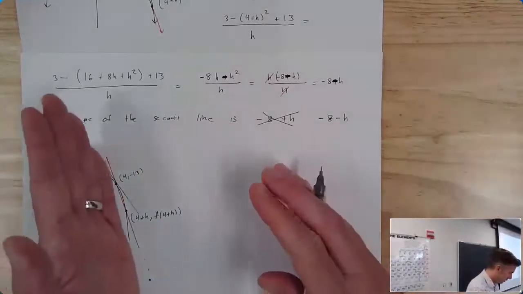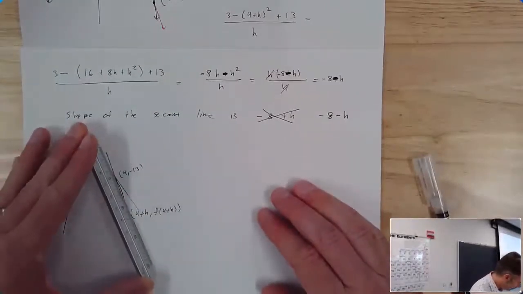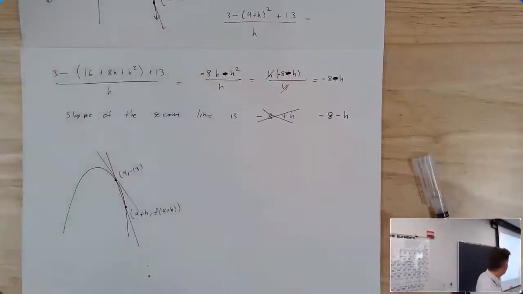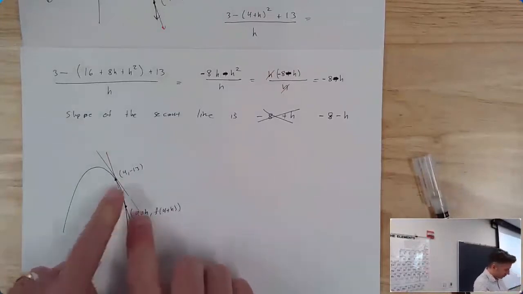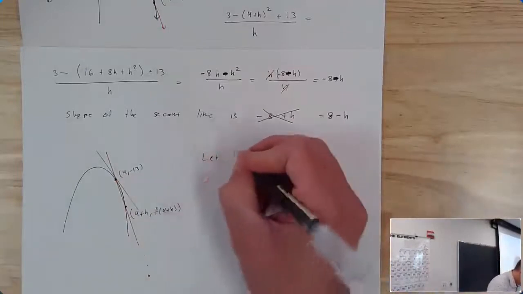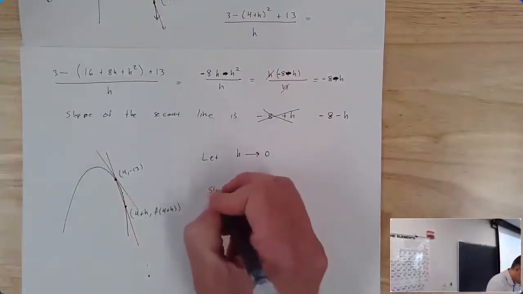So that the secant line slope becomes closer and closer to the slope of the tangent line. And the way we're going to achieve that is by letting h get smaller and smaller. Because we want that point to get close to that point. Well, they only differ by h. So we're going to let h go to 0.